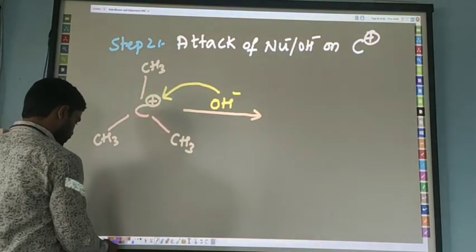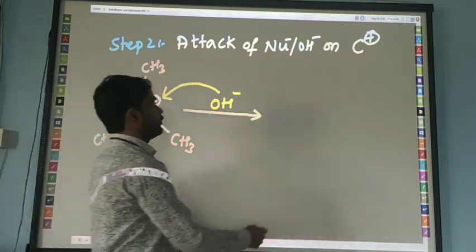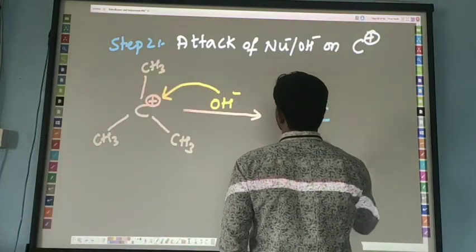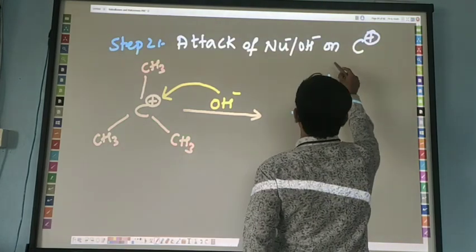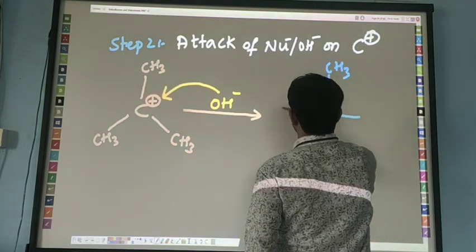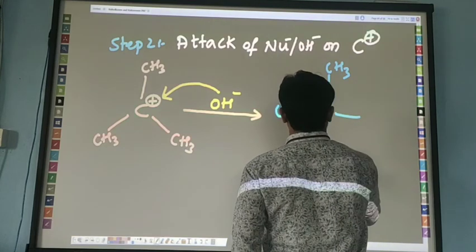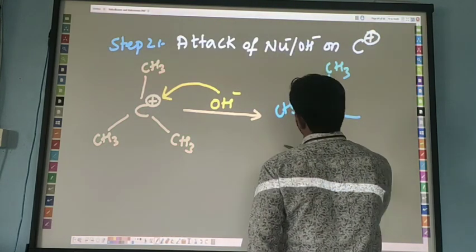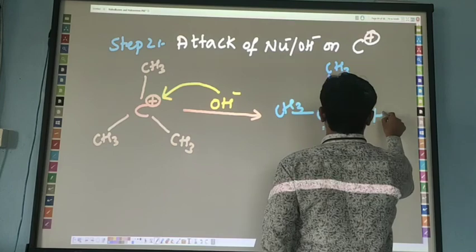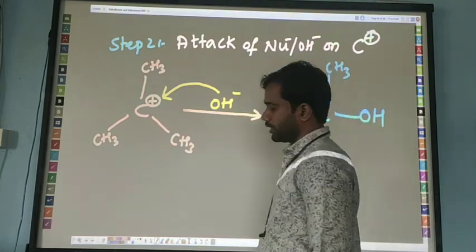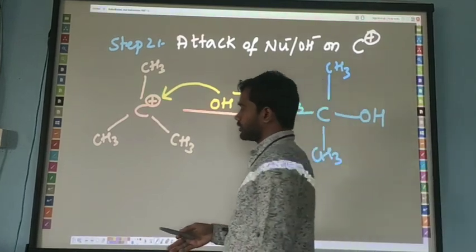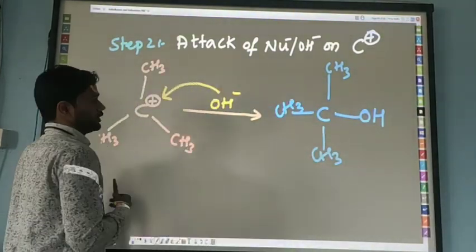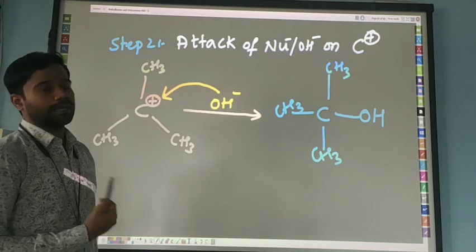After this, what product is going to be generated here? The tertiary butyl alcohol complex is going to be generated. This is how we have gone from step 1 to step 2 by explaining the mechanism.